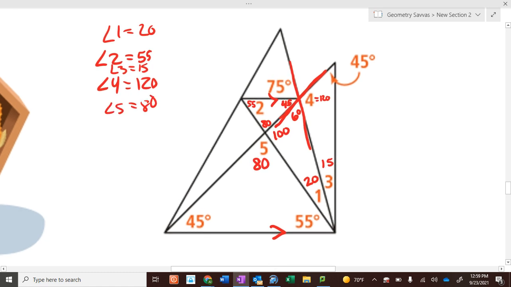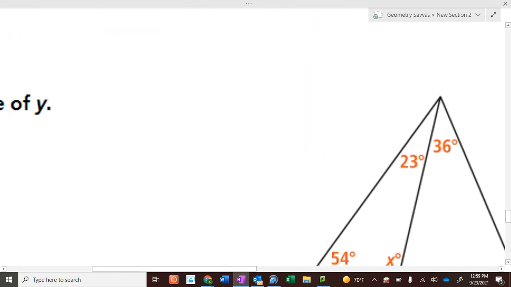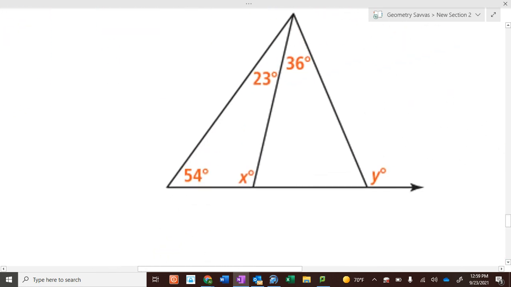So let's do that one more time with a little easier picture, less angles. How do I find angle x? Add 23 and 54 makes 77. 180 minus 77 is 103. What's a linear pair with 103? 77.